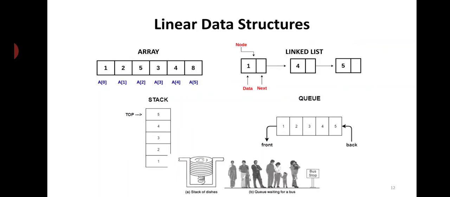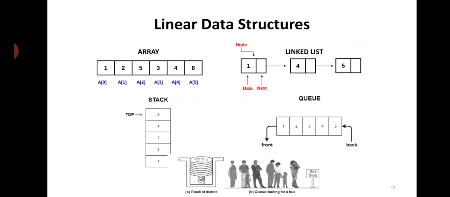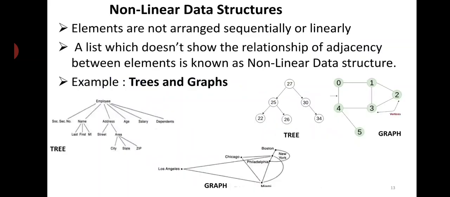Example for this queue is a queue waiting for a bus. So this is about linear data structures. What are the linear data structure examples? Array, linked list, stack, and then queue. You are familiar with array, but you are going to study linked list, stacks, and queue in future classes.